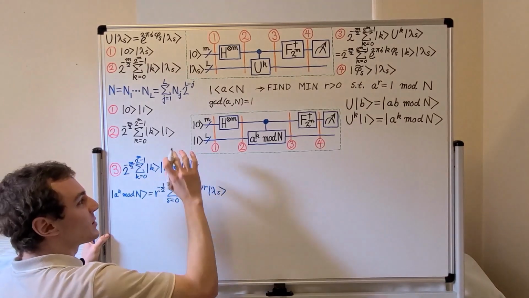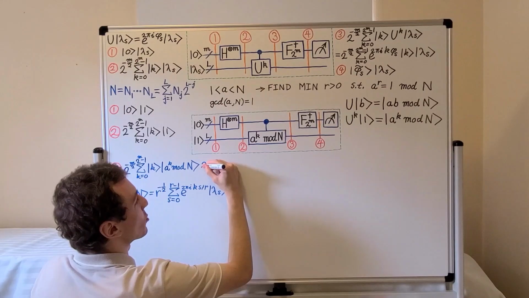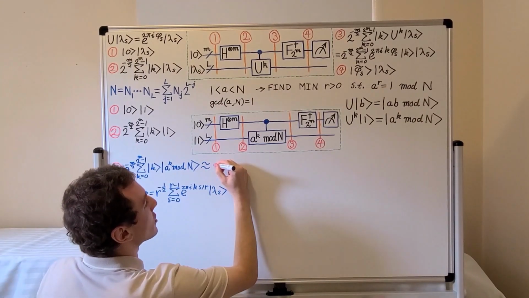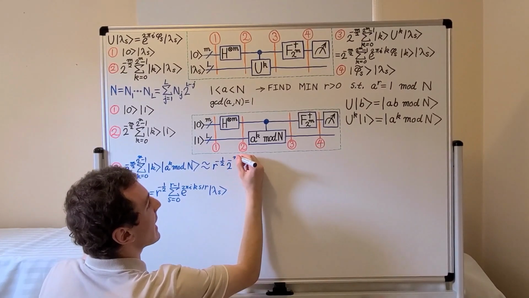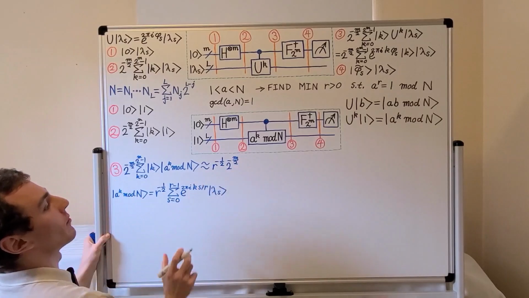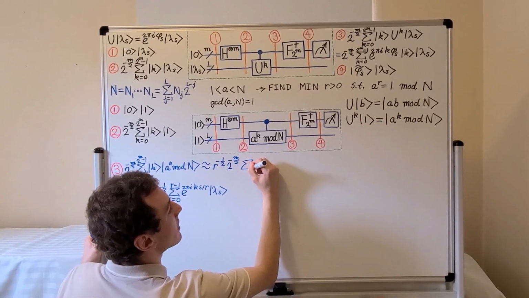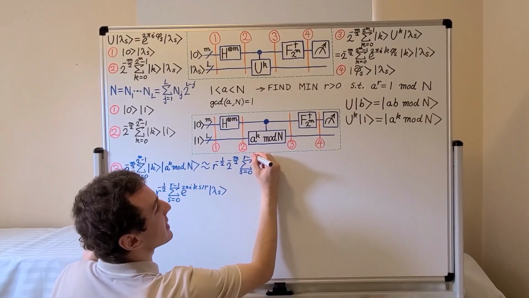So it would be nice if this was exactly equal to, but we're going to assume that it is approximately equal to. So it's a really good approximation. And then we're going to get r to the minus 1/2 times 2 to the minus m on 2. That's our normalization coefficient out the front. And then we're going to have two sums. We're going to have a sum over s going from 0 up to r minus 1.